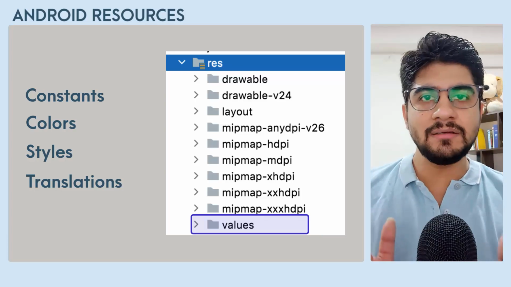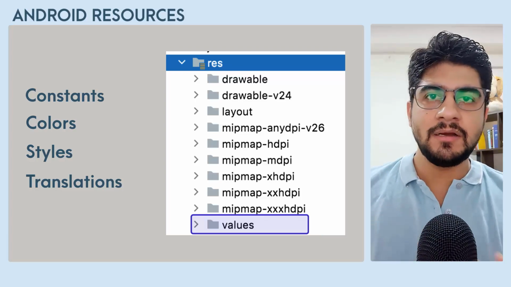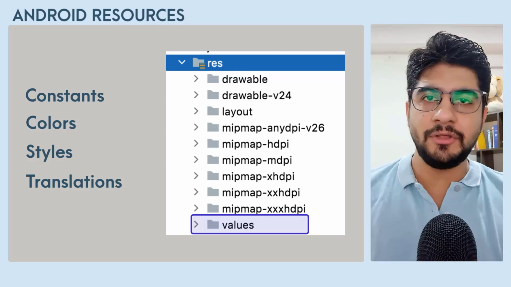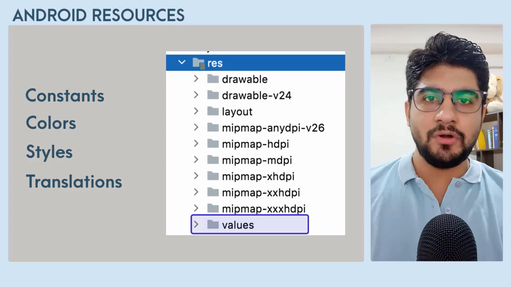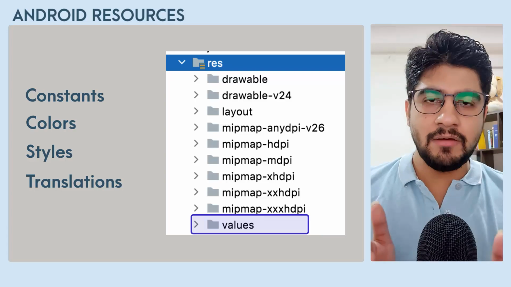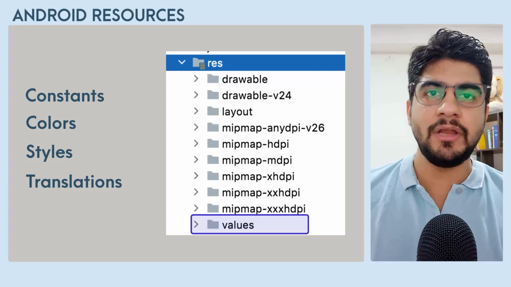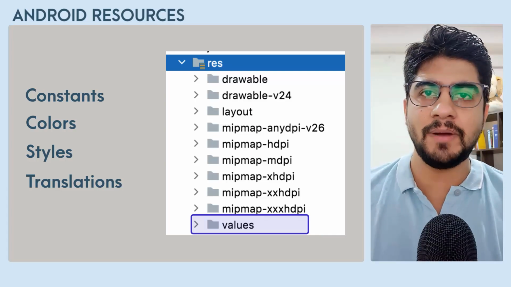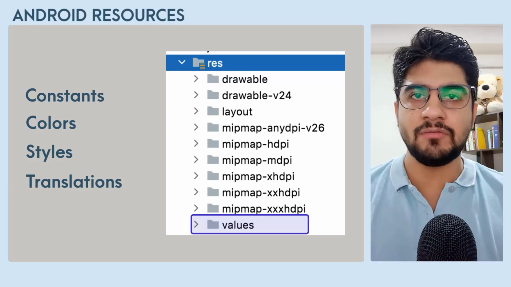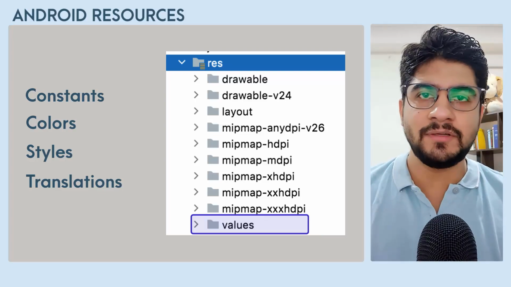Based on your locale, the same English or same translation of that text will be used in your application. And whatever constants you define in the values folder will be accessible at compile time. You need not run the application, you just have to compile it and you can use it in any of the composables or any of the Kotlin classes.